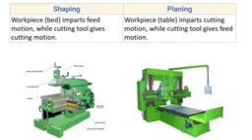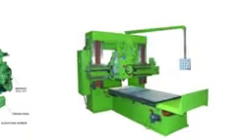Now the planing machine. Workpiece imparts cutting motion while cutting tool gives feed motion. So here you can see, over the planer machine you can fix the workpiece over here and cutting tool over here. After the first cut, the feed is given to the cutting tool, because here the workpiece is a reciprocating member. It can only reciprocate along this axis. It cannot move along this axis.